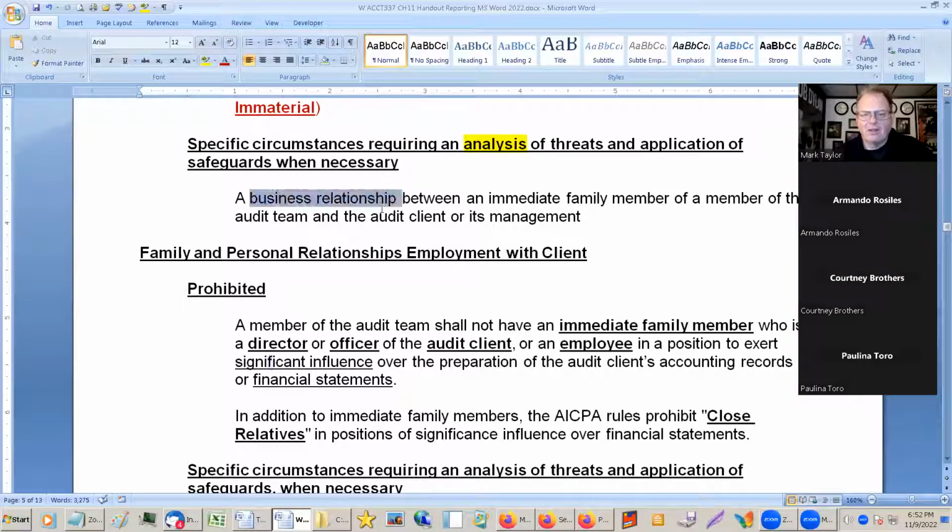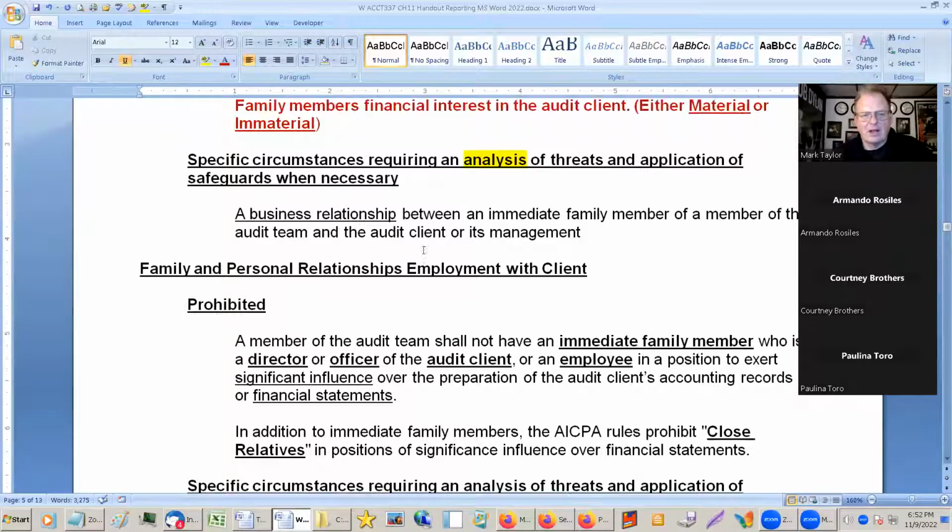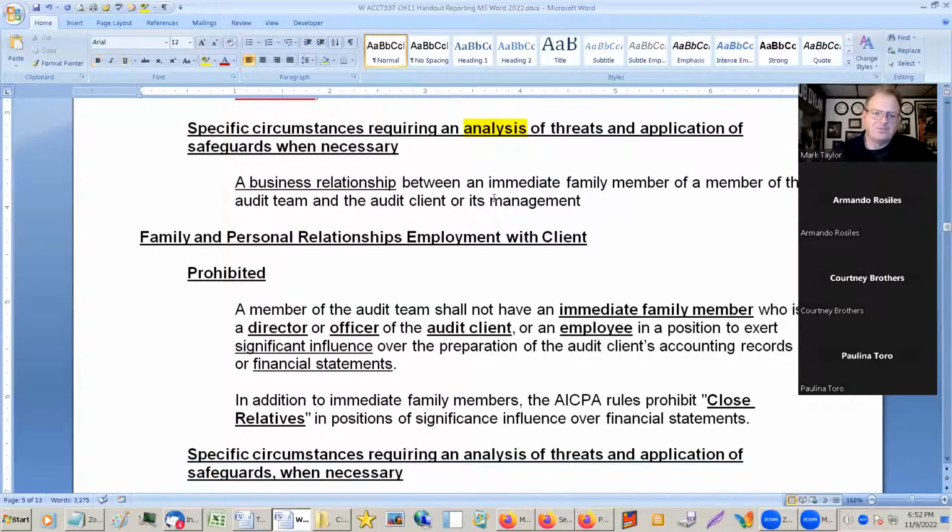This would be if you have your spouse or something as a business relationship. In other words, maybe they do business with IBM. I jumped ahead. This is one down here. And again, especially when they say requiring analysis, that term might not seem that important, but what that means is you have to document it. Whether you allow it or not, you have to document it.